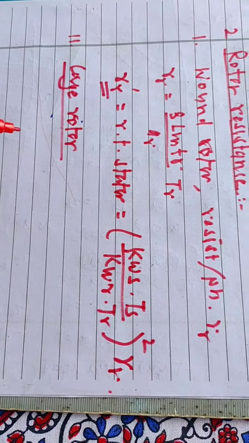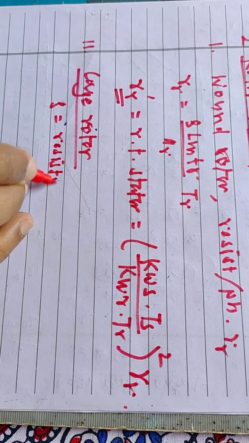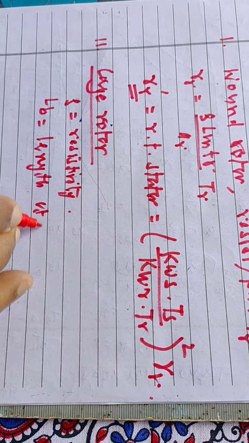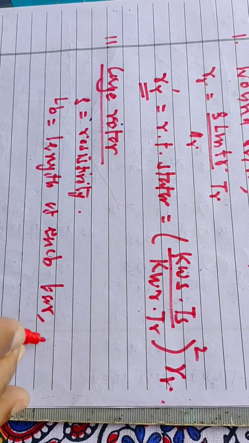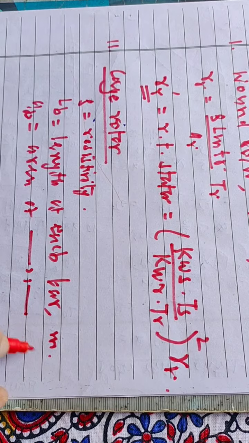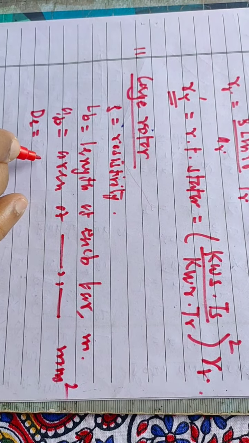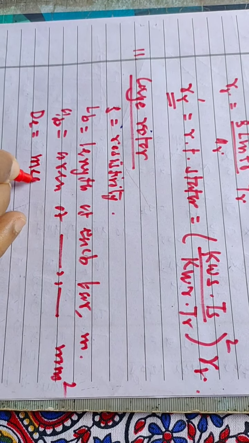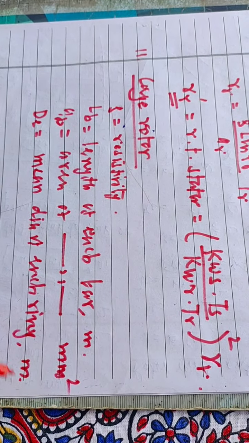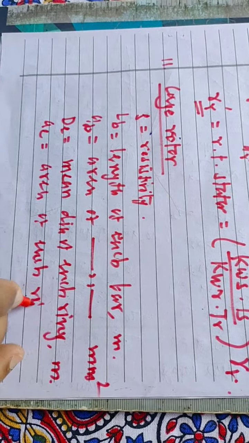The symbols are as before: rho is the resistivity of the conductor material, LB is the length of each bar in meter, AB is the area of each bar in mm square, DE is the mean diameter of each ring in meter, and AE is the area of each ring in mm square.